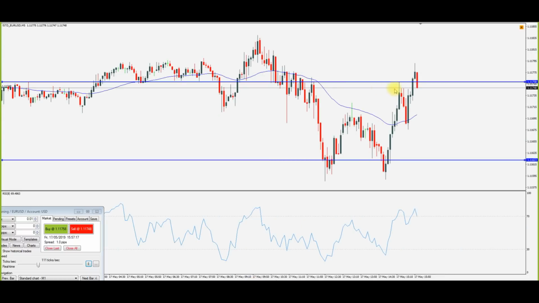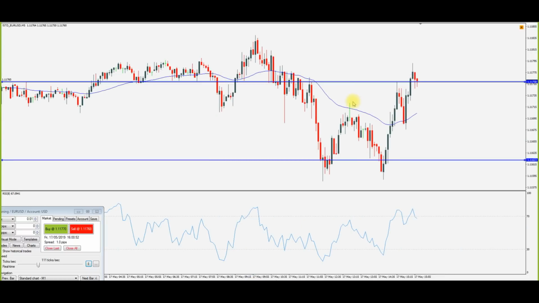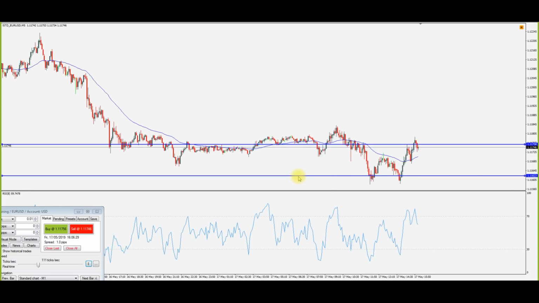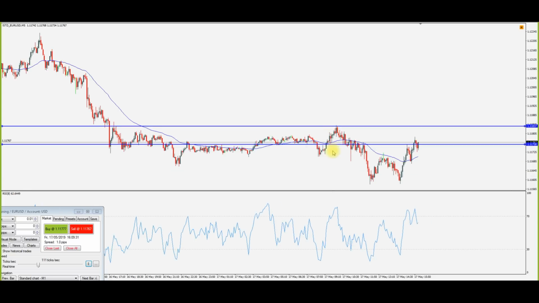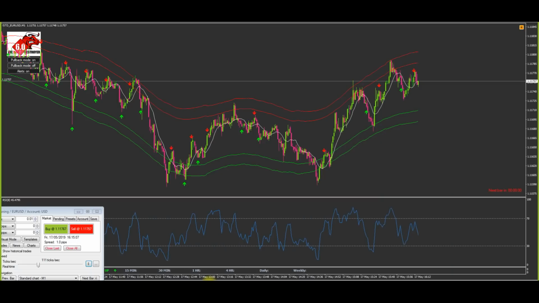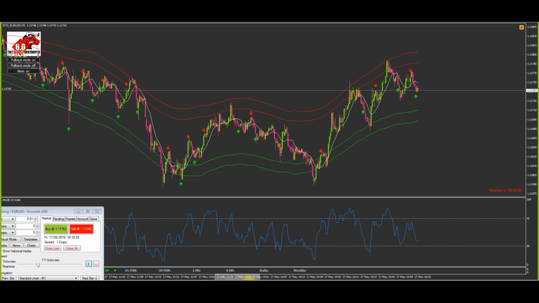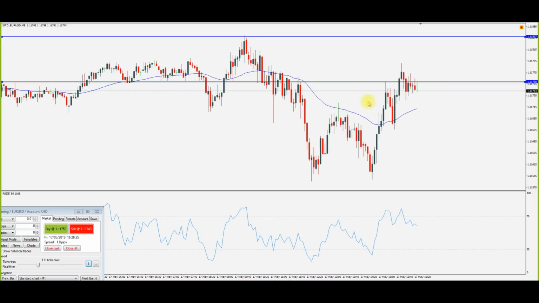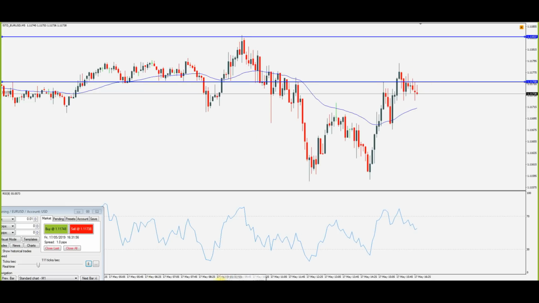Okay, we are spiking up. So I'm going to draw my next resistance area, which is at the top here. Let's see what happens. Okay, we're going lower. We're breaking below. We're below this resistance area.